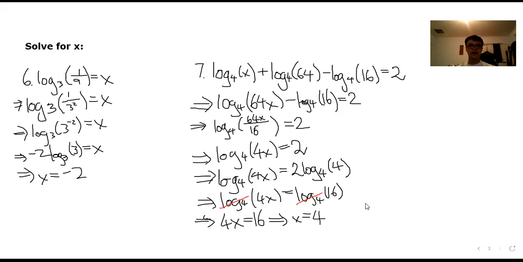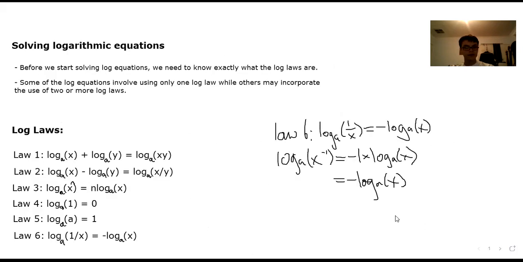So hopefully this should all make sense now. Let's go back to the first slide, and just to recall, these are all the log laws I've spoken about earlier. Hopefully you should have a reasonably good grasp of those laws.